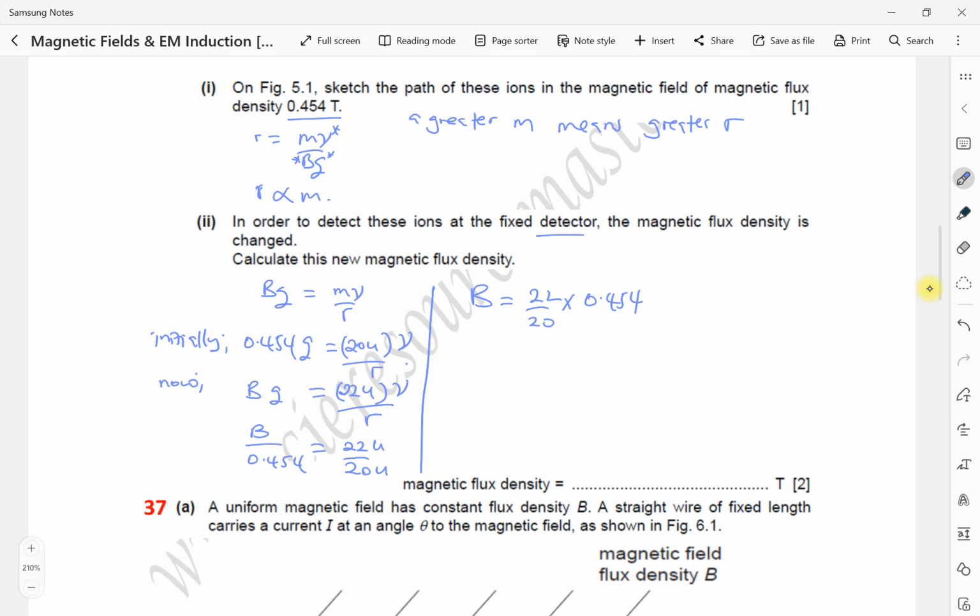So the answer here is 0.499. Okay, so that should be the new magnetic flux density.